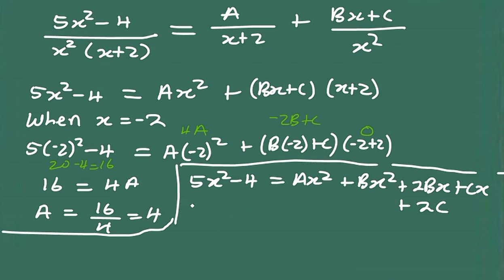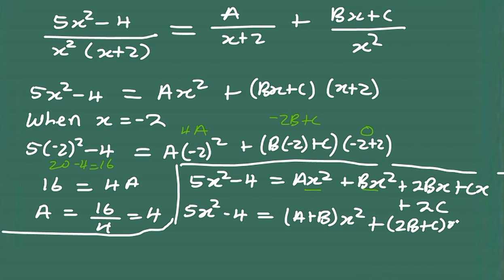So let's group like terms. So this will be 5x squared minus 4 equals, so we have this term x squared, so this is going to be a plus b times x squared plus the term x, so this will be 2b plus c times x plus 2c.